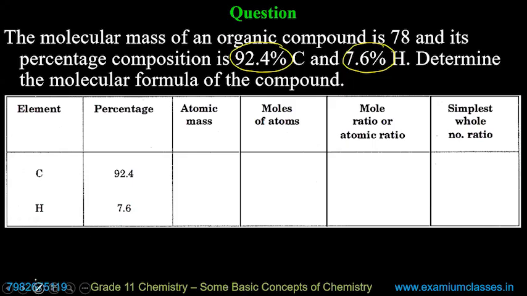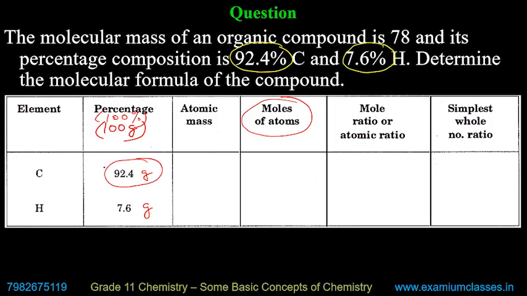It is advisable that you write 100 gram here, or 100%, because then it means 92.4 is gram, 7.6 is gram. So first you need to convert the percentages into grams. Only then can you apply the formula to get moles, that is given mass upon molar mass. If you don't consider this as mass, you can't apply that formula.